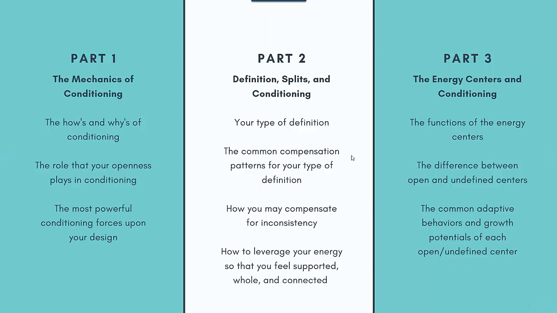We're going to look at the common patterns of compensation that your type of definition has. You're also going to get an understanding of how you may compensate for inconsistency through this lens of your definition, your splits, and conditioning. And in addition to that, we're going to discuss how you can leverage your energy so that you feel more supported, whole, and connected.